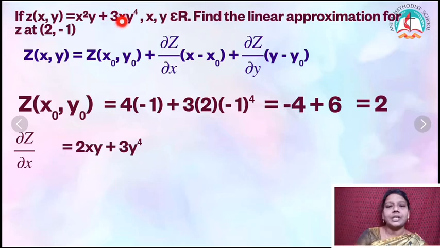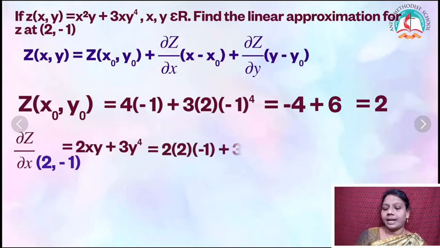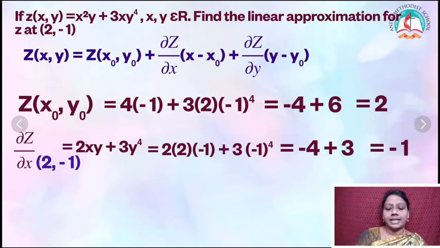Here the differentiation of x is 1, therefore it will be 3 into y to the power 4. Now I substitute the point 2 comma minus 1 in this. If I substitute that, I get the answer equal to minus 1. That is the value of dou z by dou x at the point 2 comma minus 1.